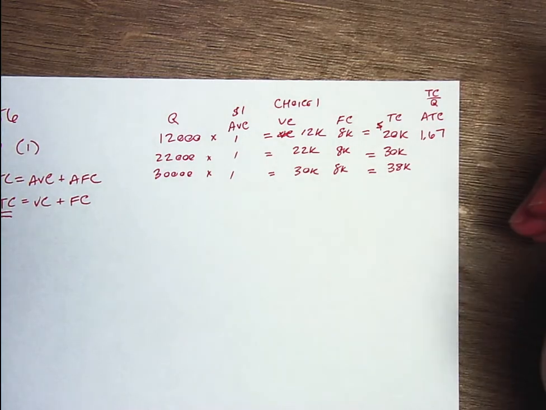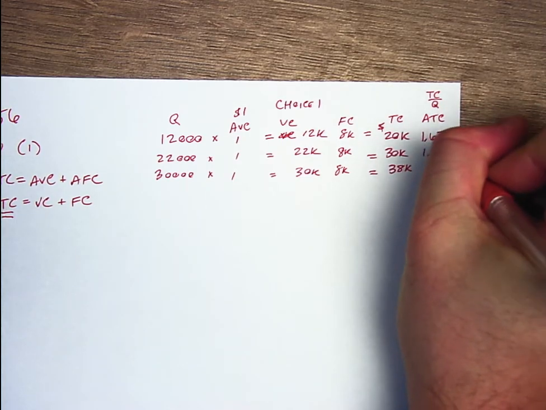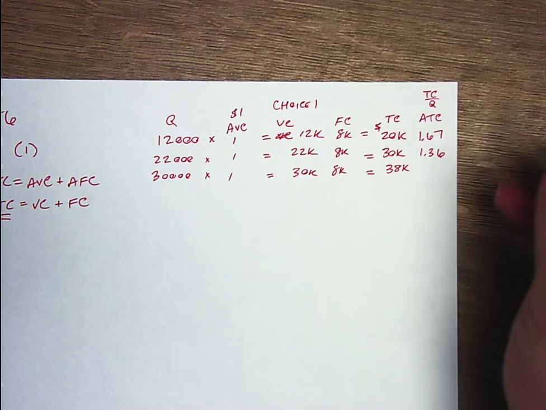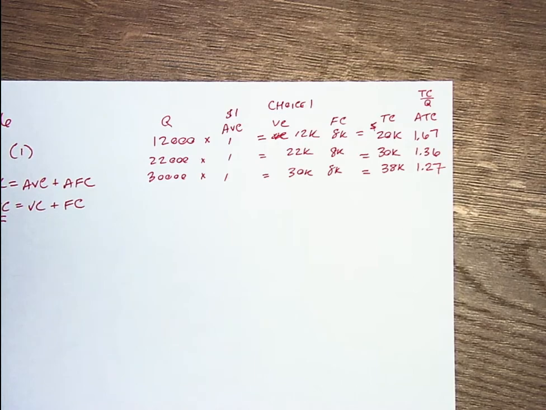So that's going to be like $1.36, and then 38,000 divided by 30,000 is a little bit less than that. That's $1.27.